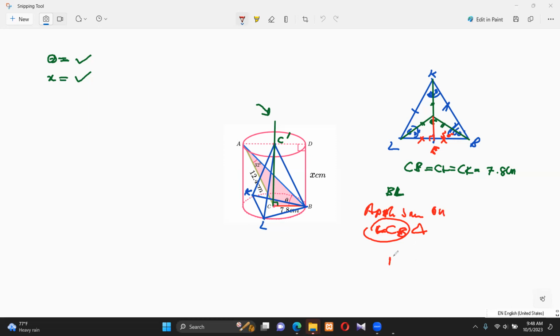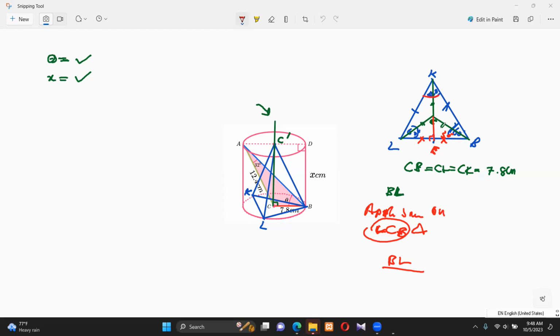We don't know BL. BL is what we have to solve for, right? Then what is the angle opposite the side BL? This angle is twice this one.